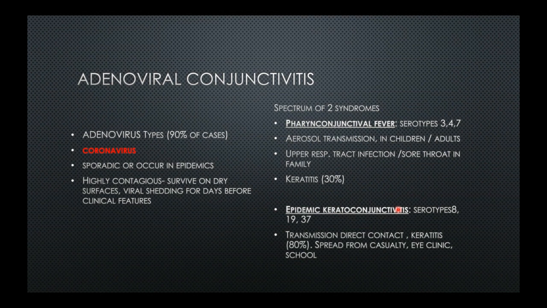So the majority of these cases will have corneal and conjunctival involvement. They don't usually have a history of sore throat or upper respiratory tract infection. All right. And this is the one that is responsible for the epidemics of pink eye because it spreads so quickly, because the virus can stay on surfaces for so long.